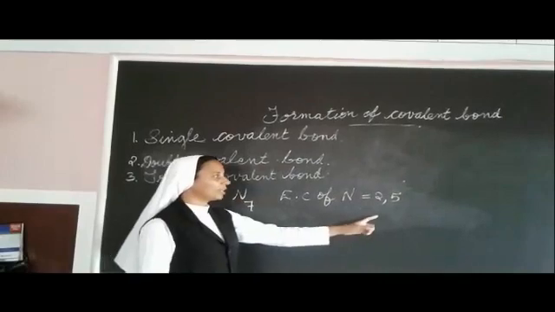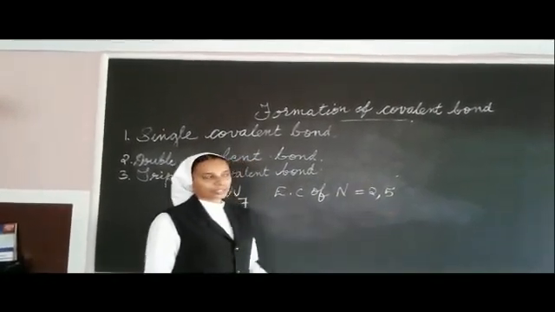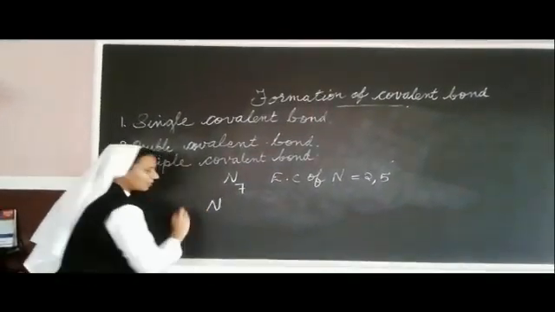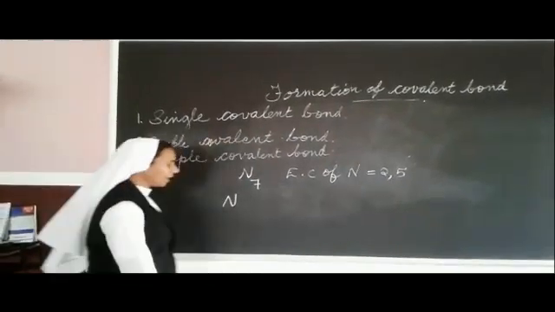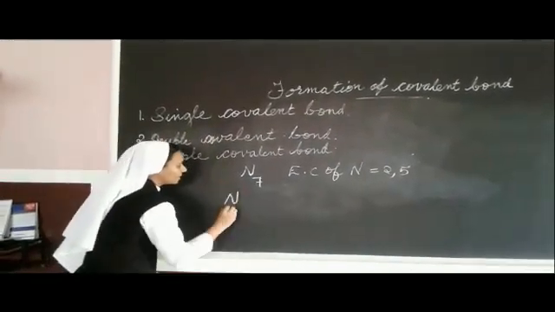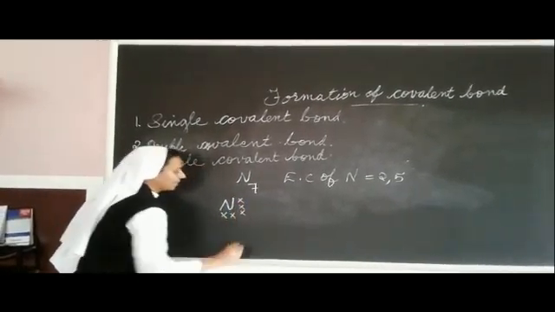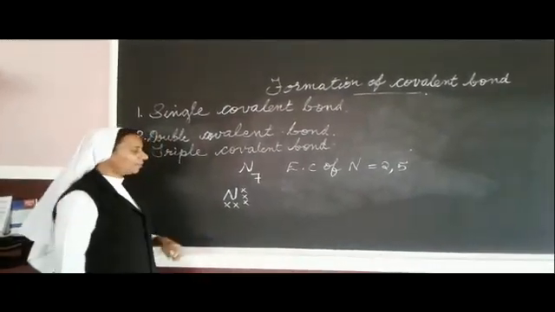Then how many electrons does it need to attain stability? It needs 3 more electrons. The valency of nitrogen is 5. We can represent it like this. These are the 5 electrons of the valence shell in the case of nitrogen.